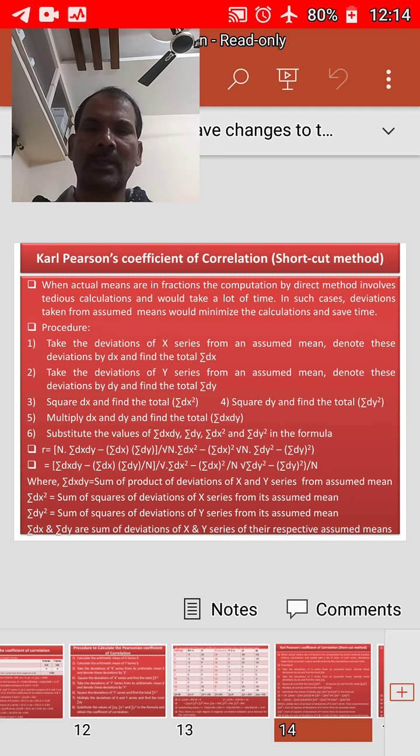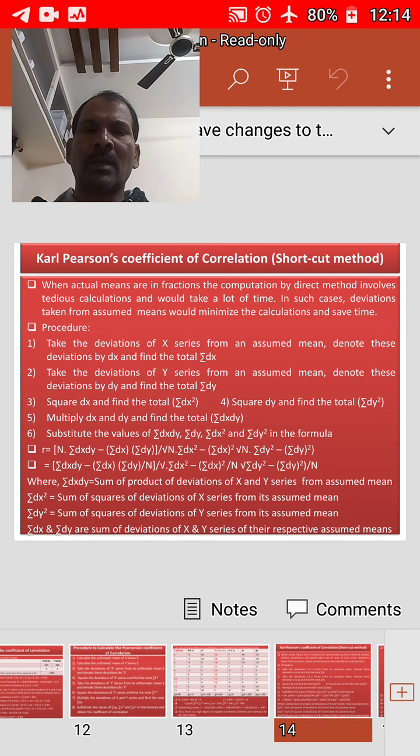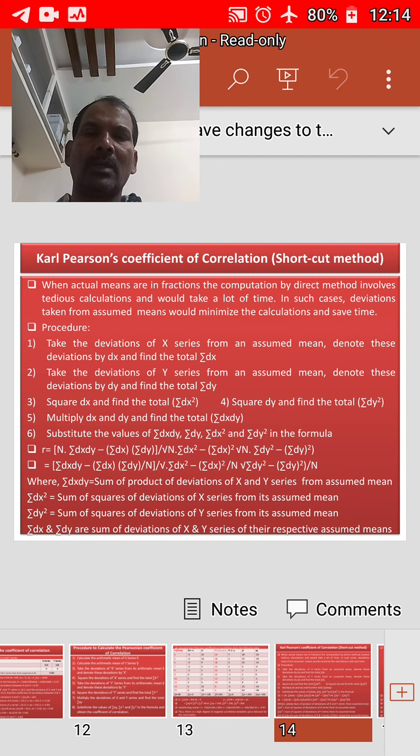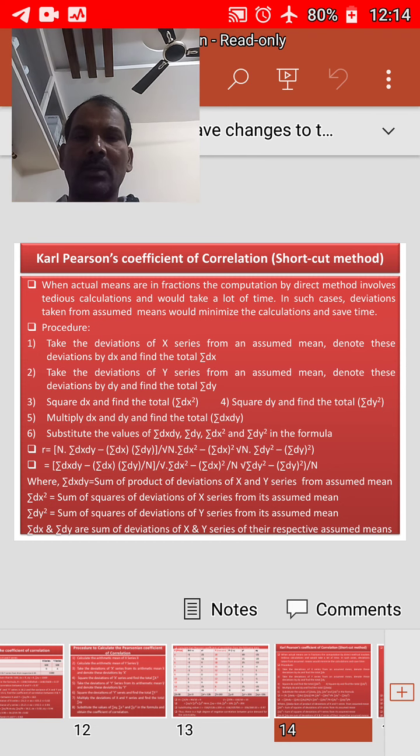Third, square dx and find the total, sigma dx square. Fourth, square dy and find the total, sigma dy square. Fifth, multiply dx and dy and find the total, that is sigma dx into dy.